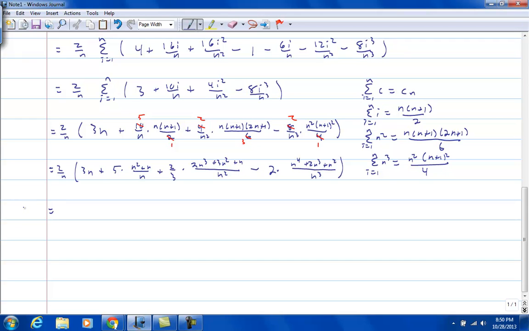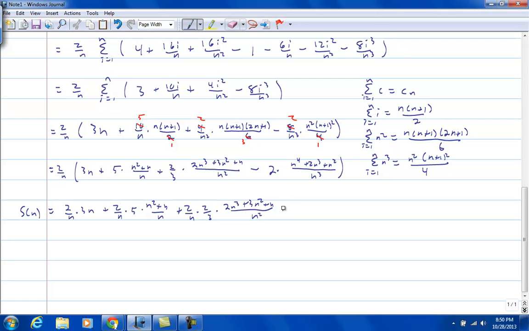that's going to be, by the way, this is still our S of n. That's 2 over n times 3n. So 2 over n times 3n plus 2 over n times 5 times n squared plus n over n plus 2 over n times 2/3 times 2n cubed plus 3n squared plus n all over n squared.